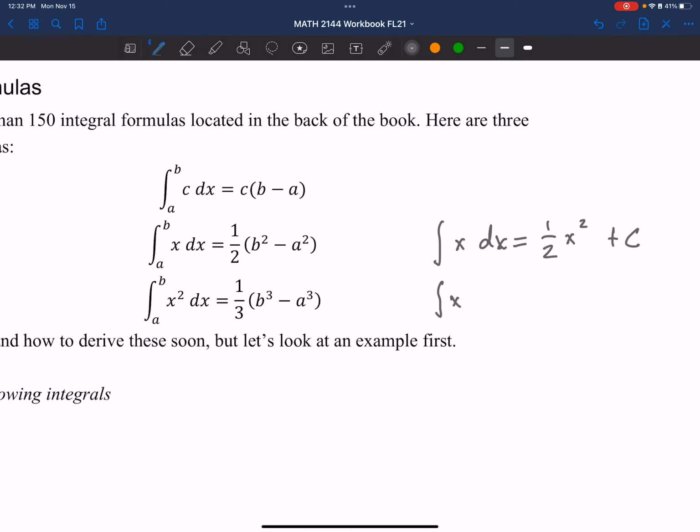Or if you were to consider the indefinite integral of x squared dx, this is going to be 1/3 times x cubed. Or if you were going to look at, let's say, some constant dx.